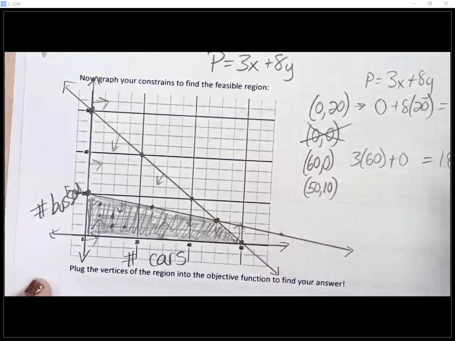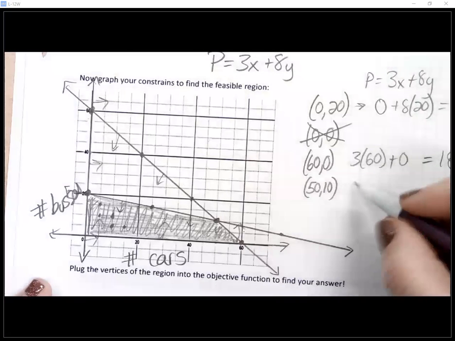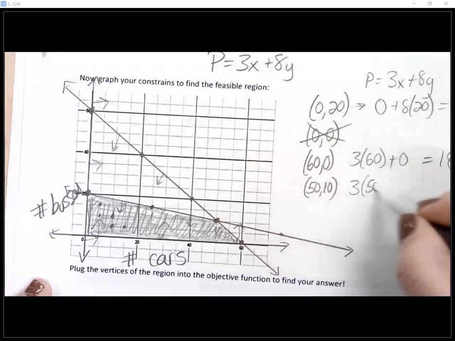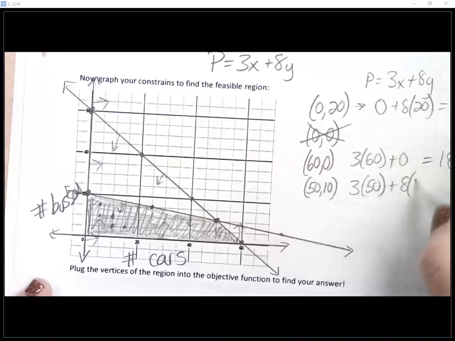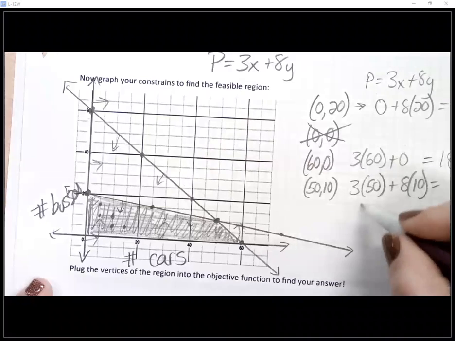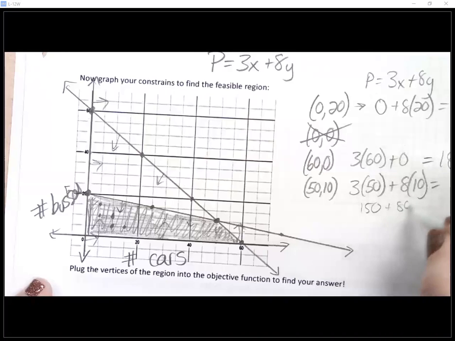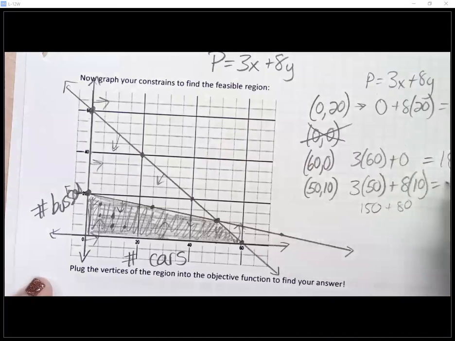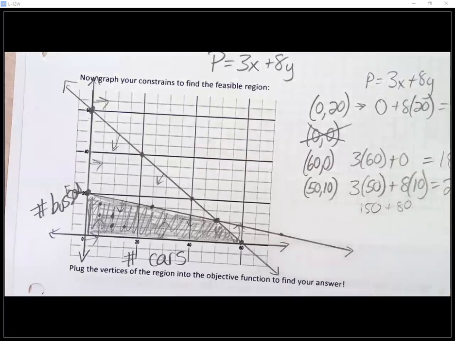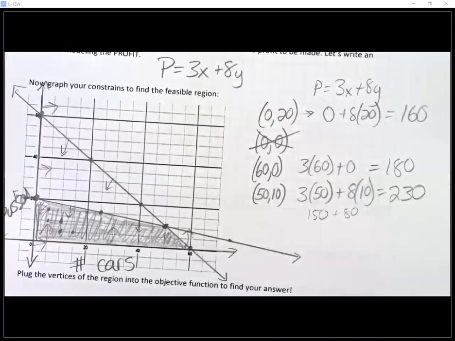And let's see this mix up. That's 150 and 80 is 230. Oh, sorry, a little bit off. There we have it. So now I'm trying to maximize this. So clearly this is my maximum.